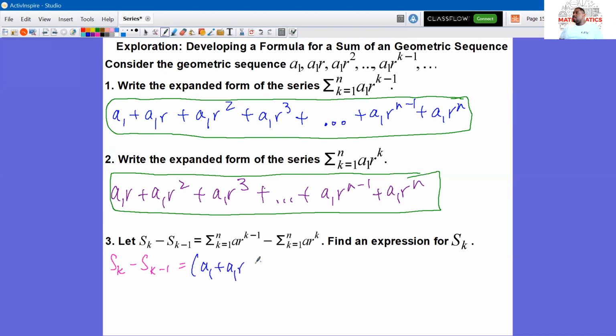A1 plus A1R plus A1R squared, A1R cubed, plus A1R to the N minus 1.